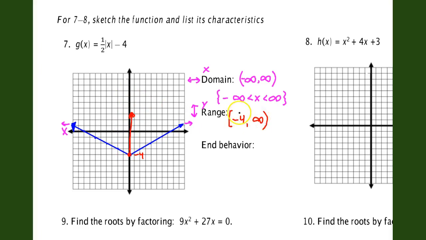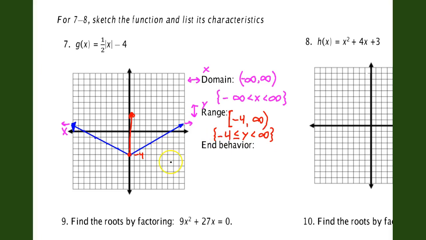Now, notice I used a bracket here because it's actually equal to -4. We can equal -4, but then when we go up to infinity, infinity is always going to be marked with a parenthesis. Another way of writing this would be -4 is less than or equal to y for range, and then less than, just a regular less than, to infinity.